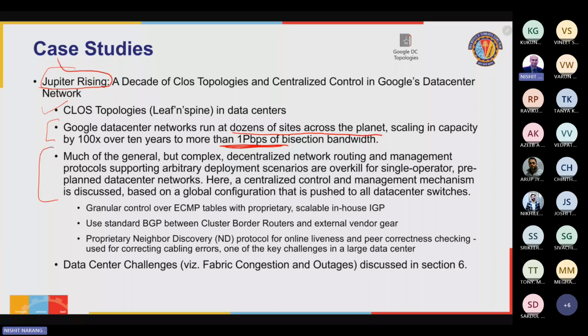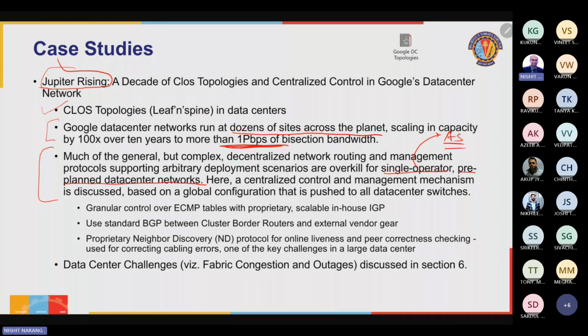So it's like saying you don't want a completely distributed routing protocol like the internet because it's an overkill. It's a single operator network, another way of saying it's an autonomous system. It's under one operator control.